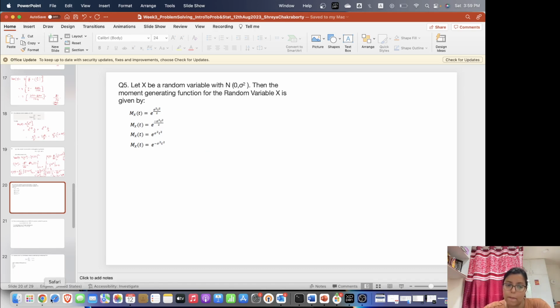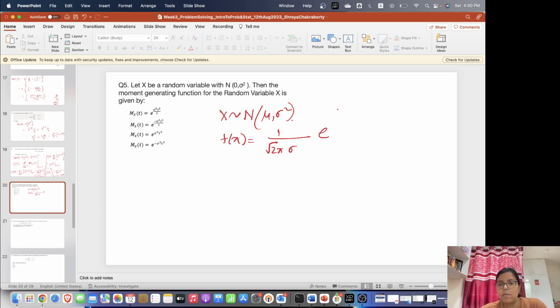Yes, ma'am. Okay. For those of you who are not aware, if X follows a normal mu, sigma square, then f(x) would be 1 by root 2 pi sigma e to the power minus half (x minus mu by sigma) whole square.